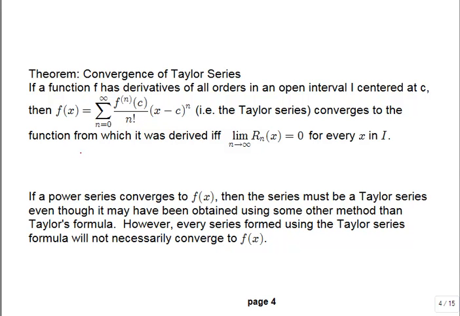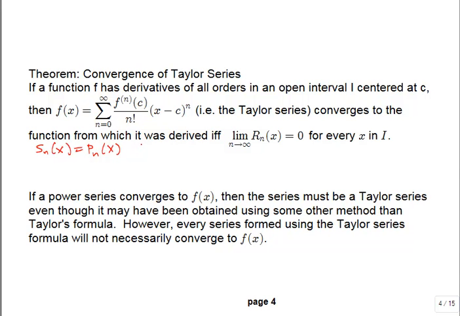For a very quick proof here, what we can show is that in a Taylor series, the nth partial sum is exactly the same as the nth Taylor polynomial. So s sub n of x is equal to our nth polynomial approximation using our Taylor polynomials.